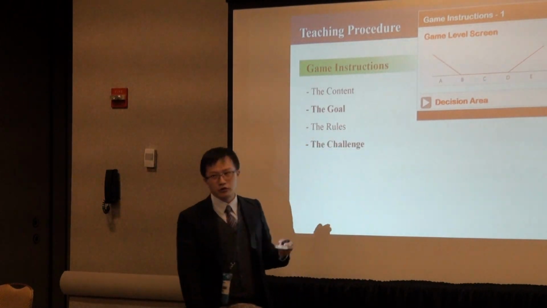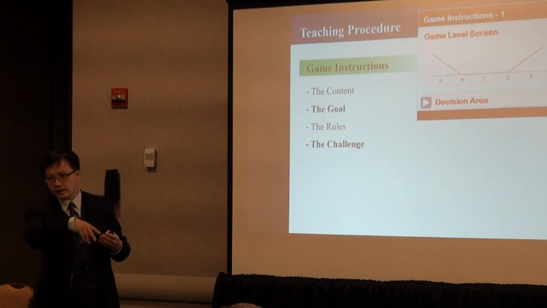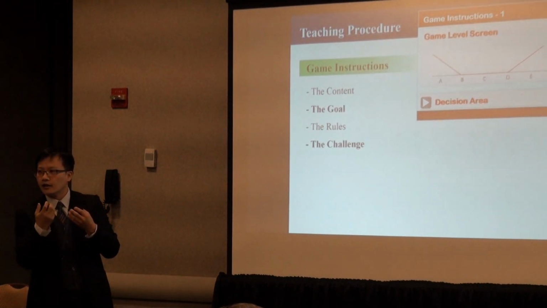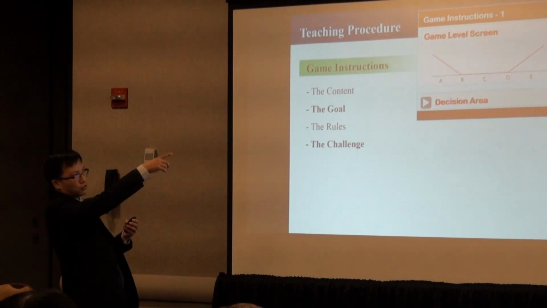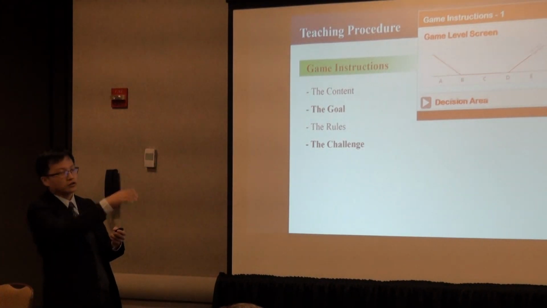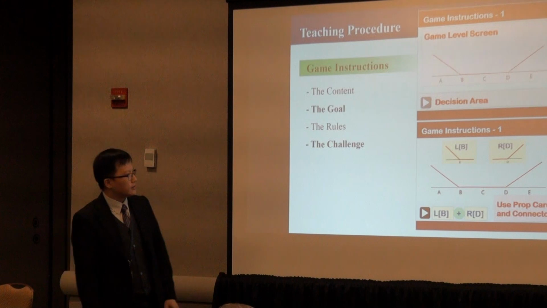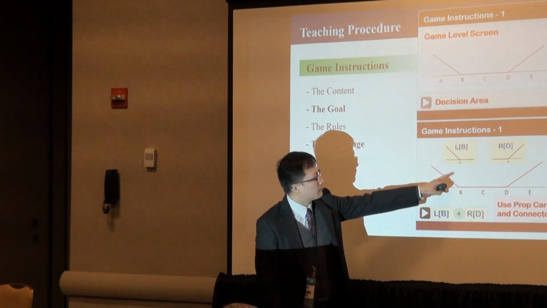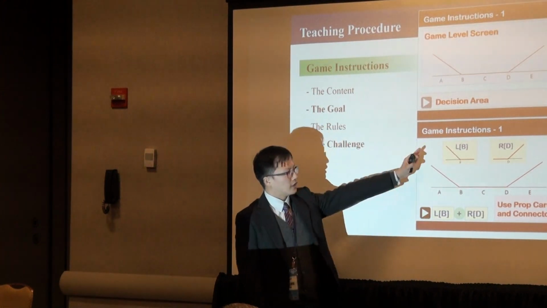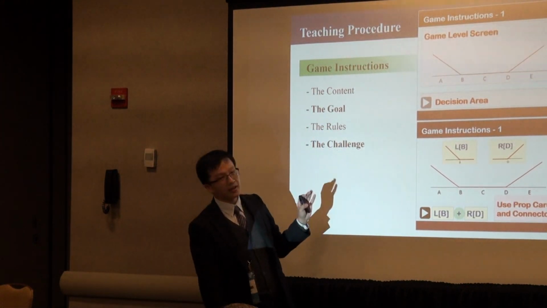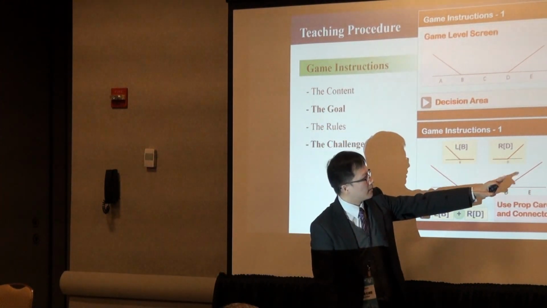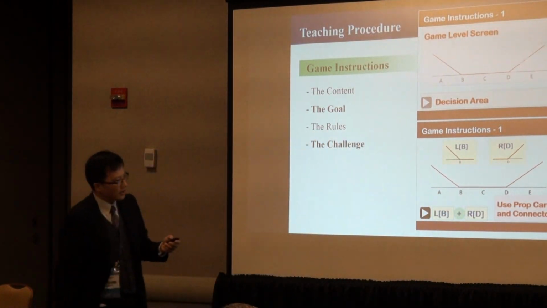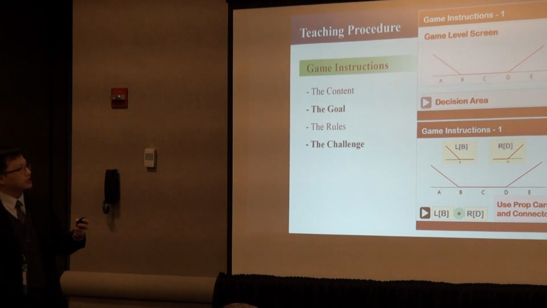And on the bottom line is the decision area, which means students can write down their prop cards and the connectors to replicate the shape on the screen. Like this example, we need a left card on B point, so they can change the angle on the left-hand side of B, and they add a right card on B point, so they can change the angle.